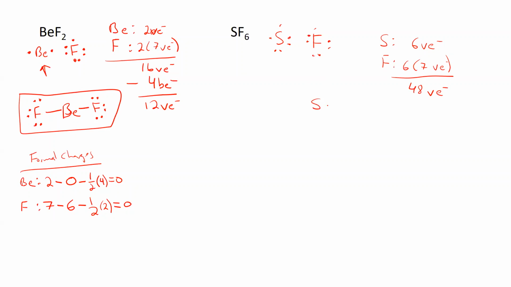The sulfur goes in the middle, but you'll notice there are 6 of these. So now we're not limited to just the 4 sides. We're just going to space these fluorine atoms around the sulfur as best we can.